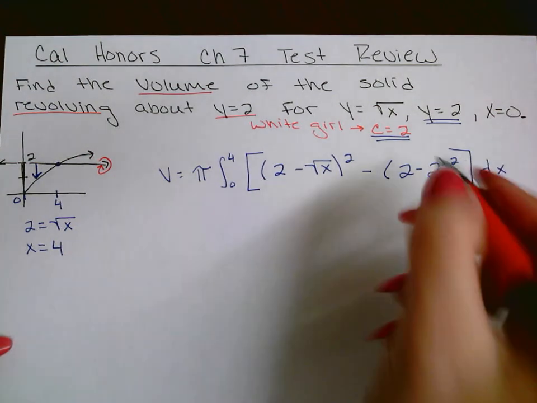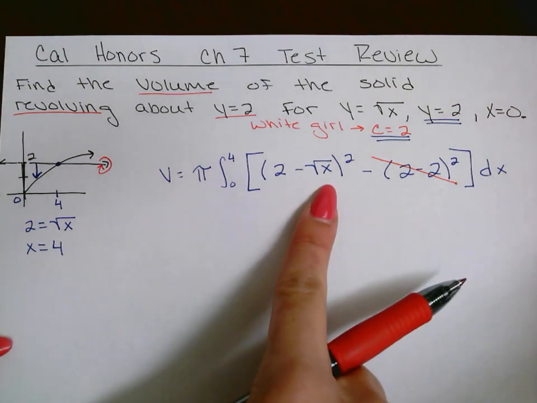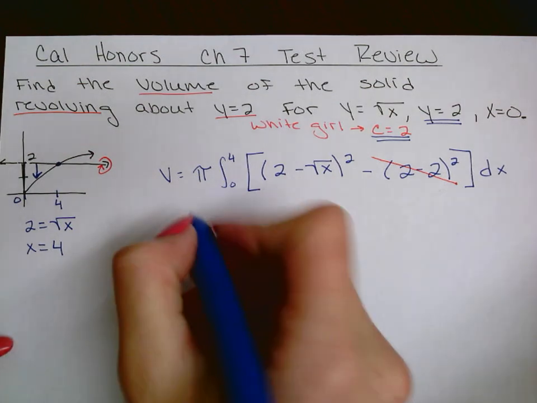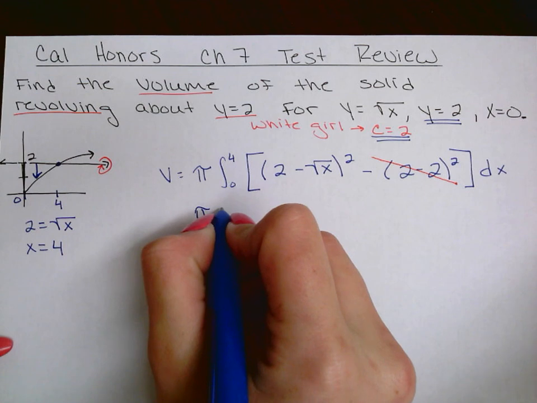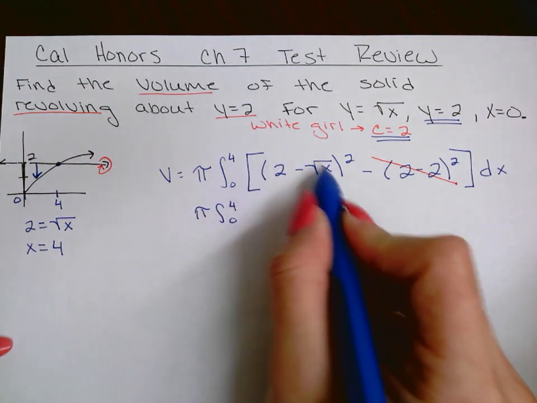And because this is a washer question, the easy version, everything is in terms of x. We have dx, and my a and b are x values. All right, so this next part shouldn't be too bad. We have pi times the integral from 0 to 4. I have to FOIL this here.